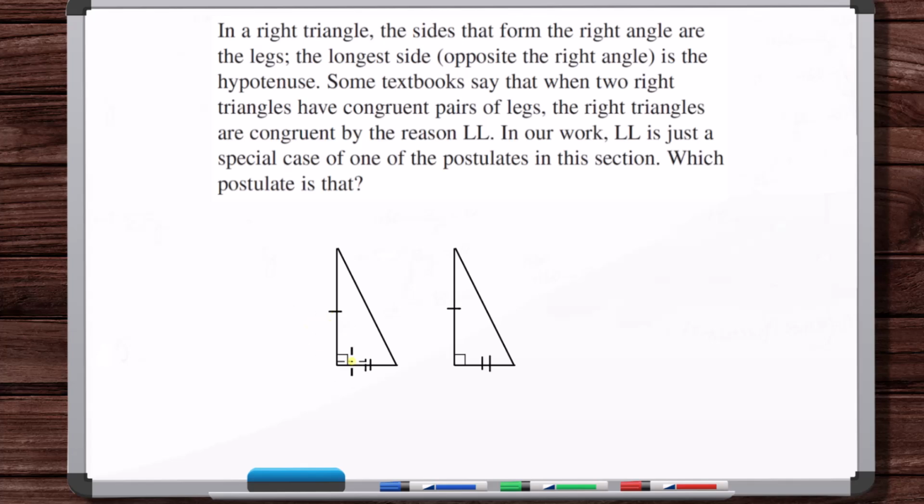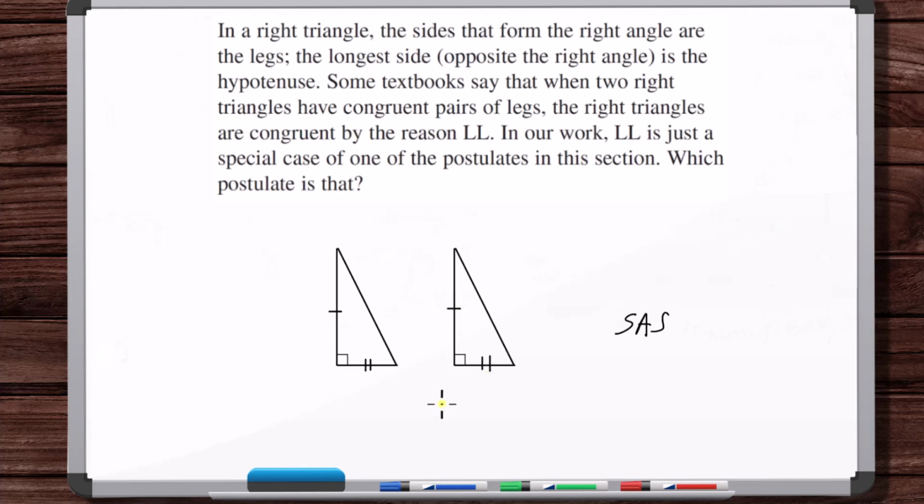Yes, because it's a right triangle, so we know the two right angles are obviously congruent. Since we have the two legs matched up as well, that's side-angle-side congruence, the side-angle-side postulate. So this LL, this leg criteria for right triangles, you can see how you can prove it using the side-angle-side postulate.